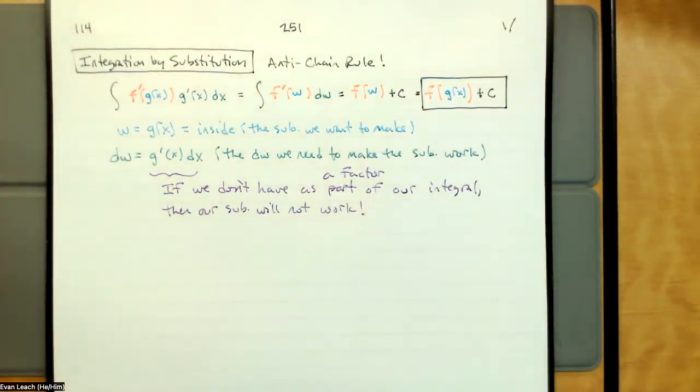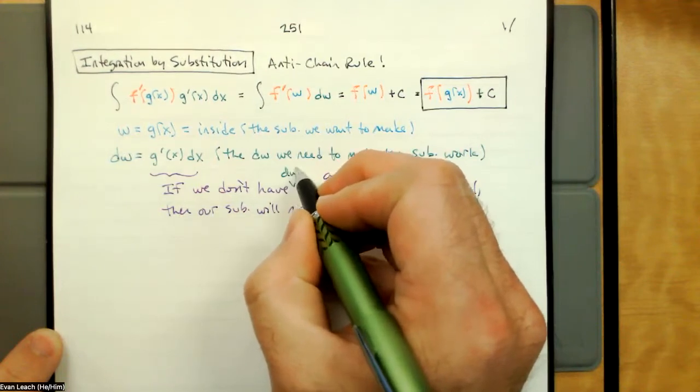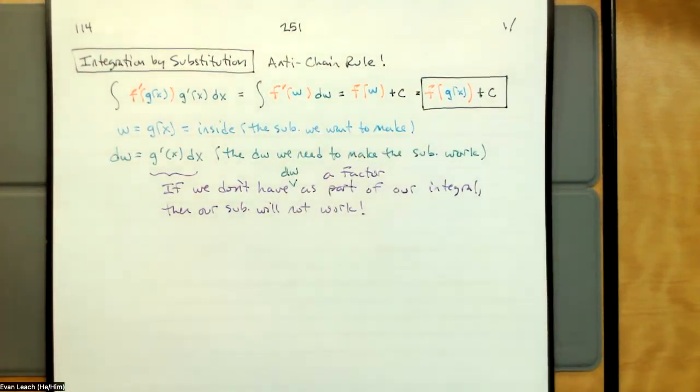This can be different, but only up to constant multiples. So we have to have enough.